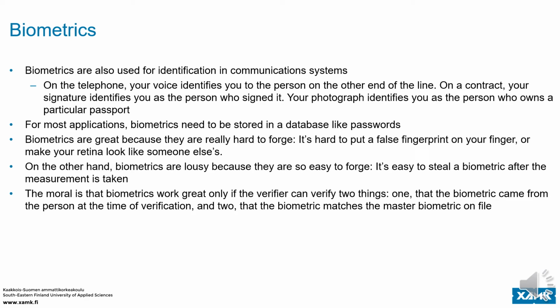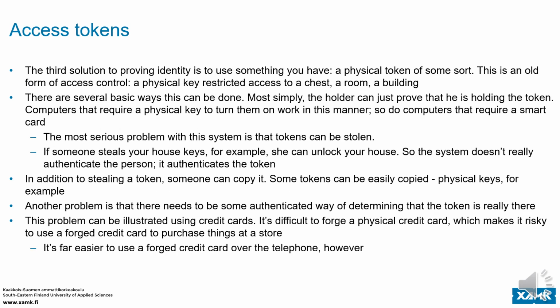On the other hand, biometrics are lousy because they are so easy to forge. It's easy to steal a biometric after the measurement is taken. The moral is that biometrics work great only if the verifier can verify two things. One, that the biometric came from the person at the time of verification, and two, that the biometric matches the master biometric on file.